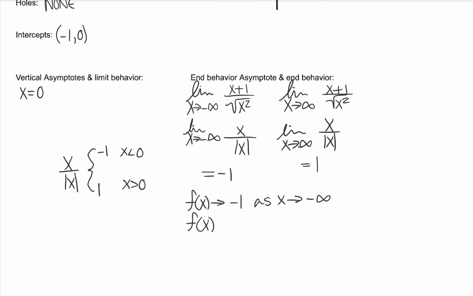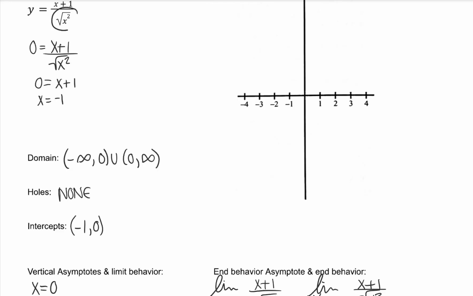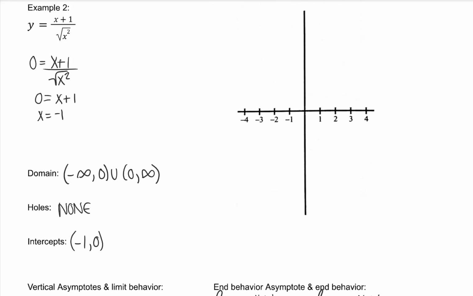And f of x approaches +1 as x approaches positive infinity. Now, our vertical asymptote, is that even or odd? The factor that gave us x equals 0 as a vertical asymptote is x to the power of 2. So, our vertical asymptote is even.